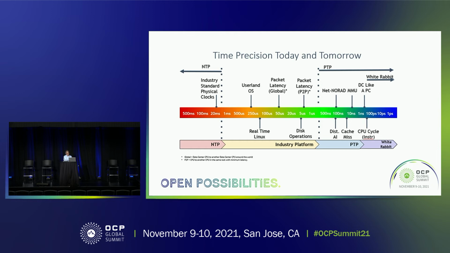And if we go down to the I/O operations and disk, we are in the range of tens of microseconds. NTP or some other methods that don't rely on spreading the time in a reliable fashion are far away from being applicable in these use cases.